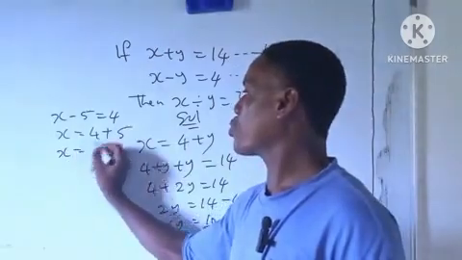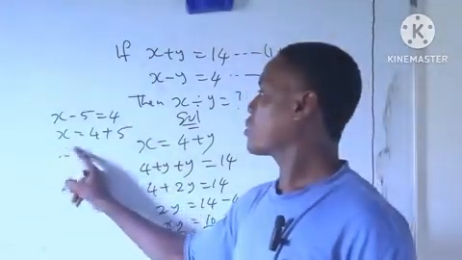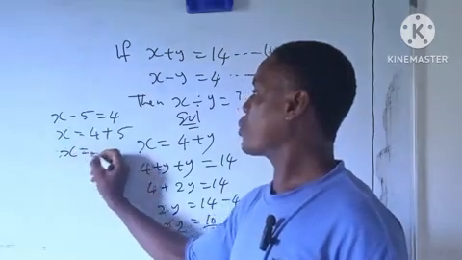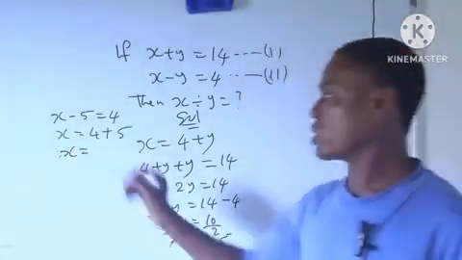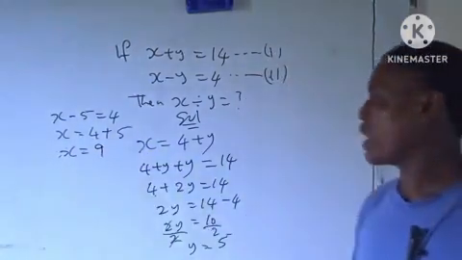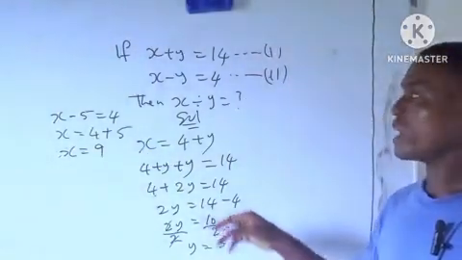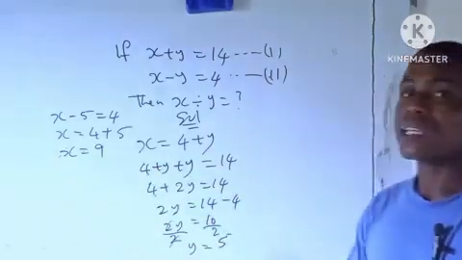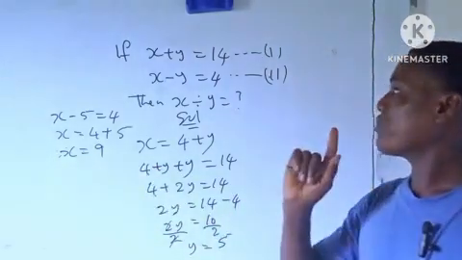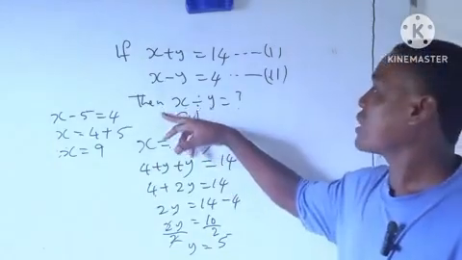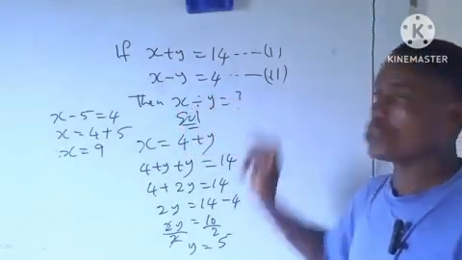So x equals 4 plus 5, which is 9. So the value of y is 5, while the value of x is 9.